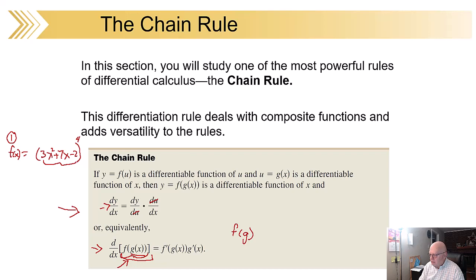And if you're going to take the derivative of this with respect to x, what you would do is first take this g, and take the derivative of the outside function, leaving this alone. And then you're going to multiply it by the derivative of what's inside.